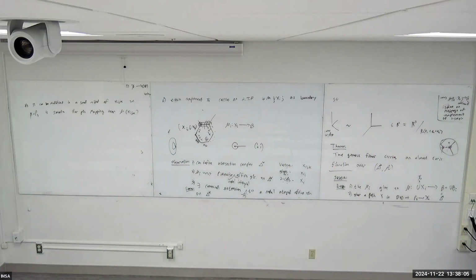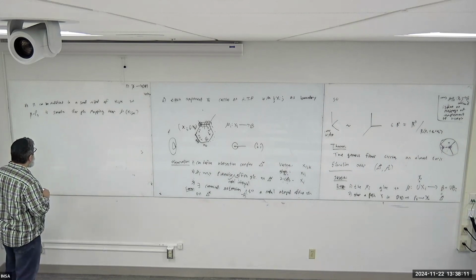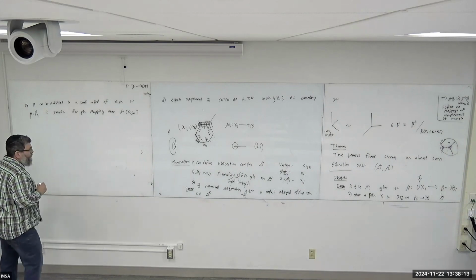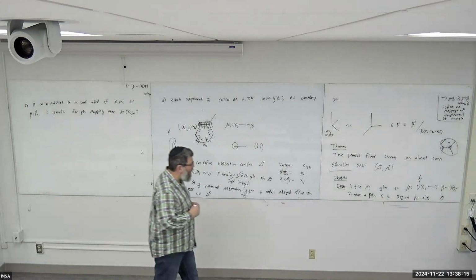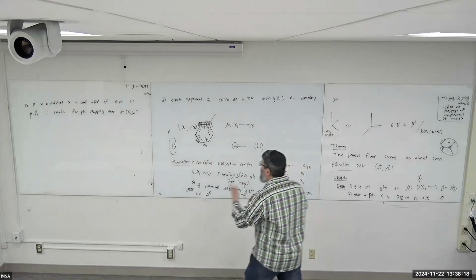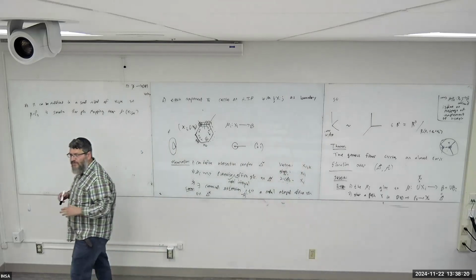And the reason why this is true, some people attribute this to Ruan. The idea is like this. Locally, pi defines a normal crossings divisor.